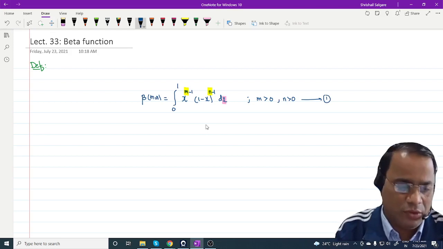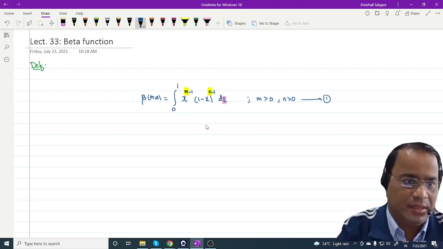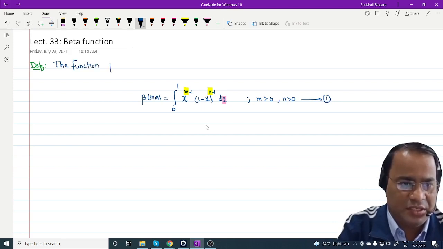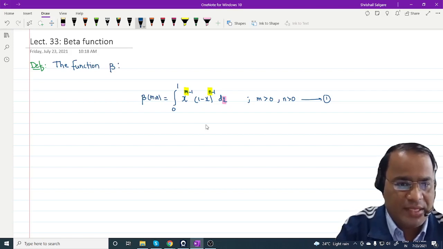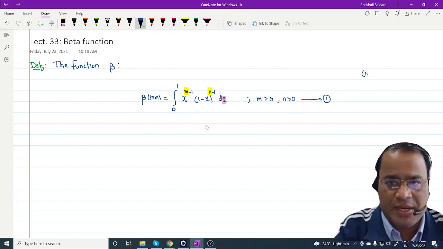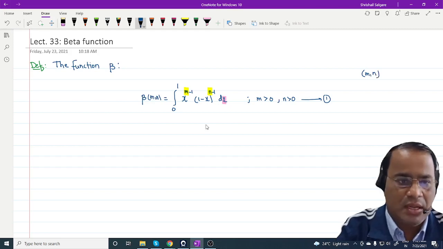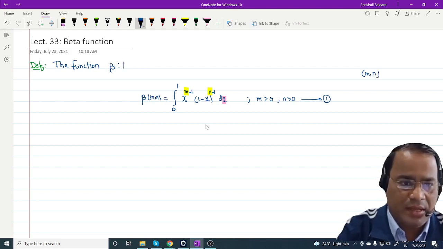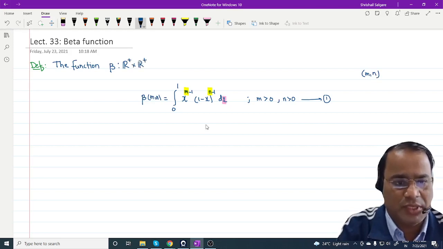Suppose I want to write a complete definition. It defines a function, and this function is denoted by the beta notation. What is its domain? Its domain is an ordered pair, one is m, second is n, and the ordered pair is given by the cross product of R plus with R plus, meaning these are the positive real numbers.